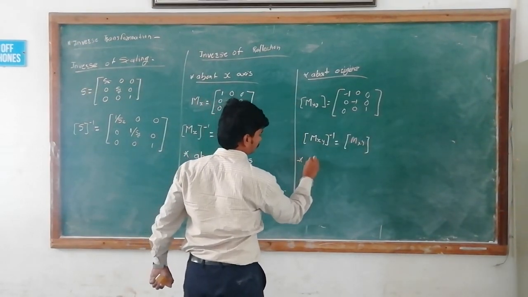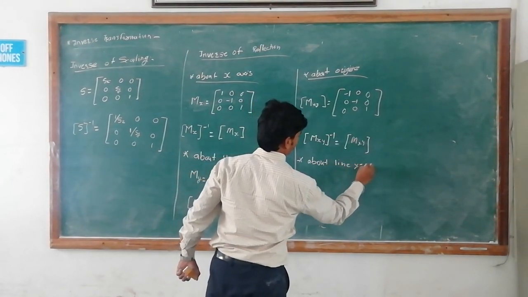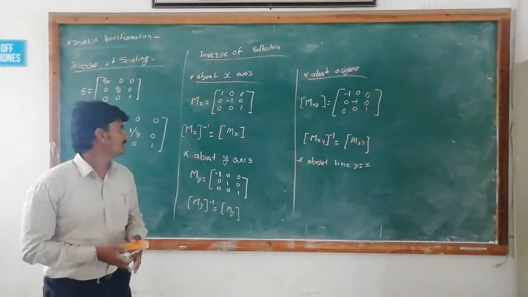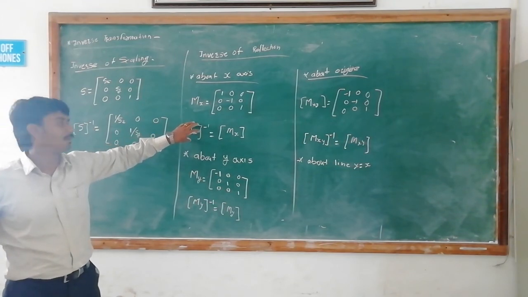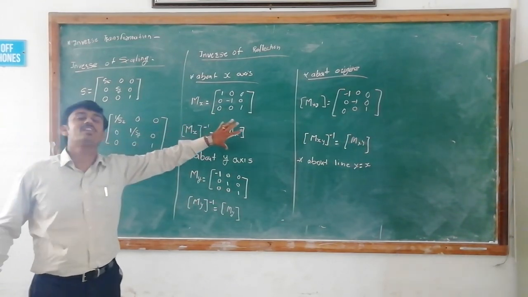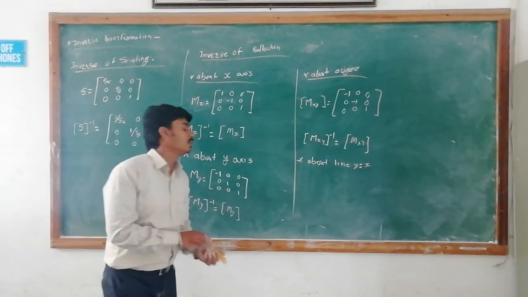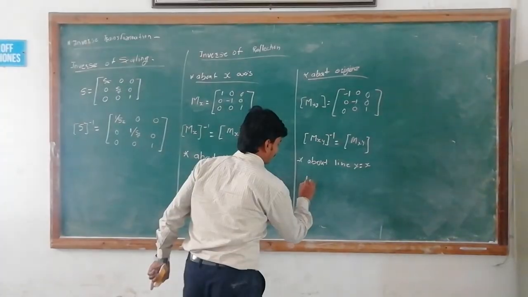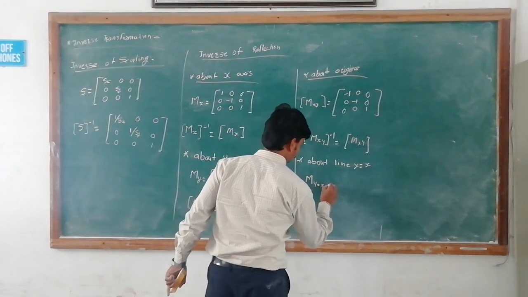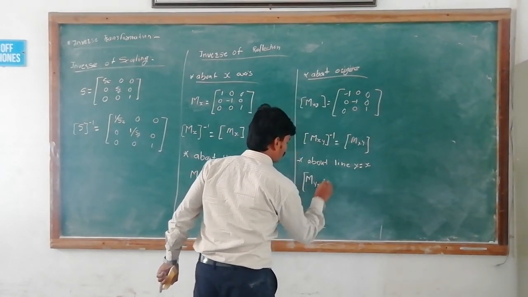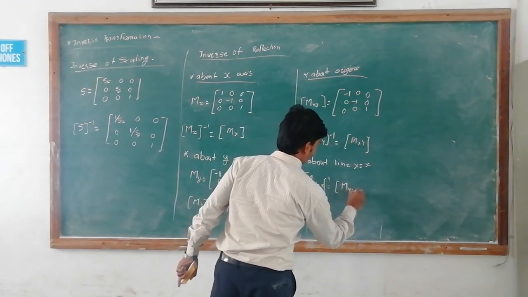Now about the line y is equal to x. Similarly, the inverse is equal to the matrix itself, so both the inverse and the matrix have the same value.